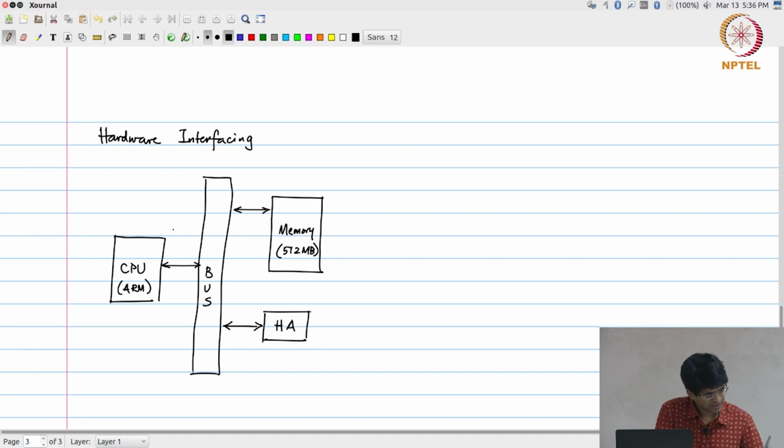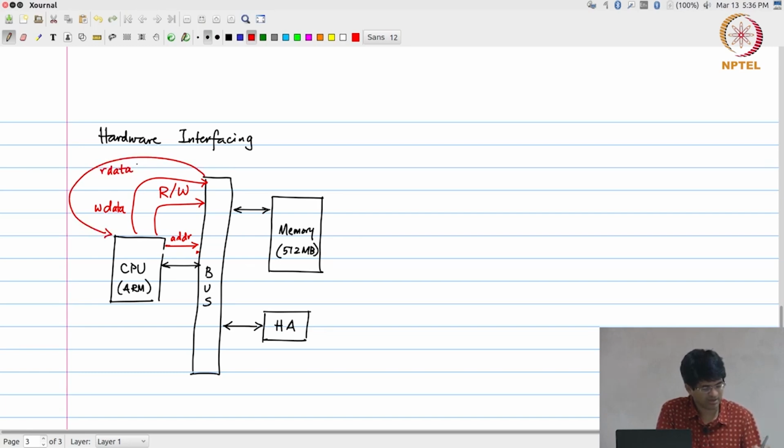Okay. So, the address would go from here. I would also probably have some kind of a read write enable signal, probably can't read what I have written over there, and for simplicity we will think of it as there is a data write, W data, and another R data, which is the read value which is coming back from the bus.